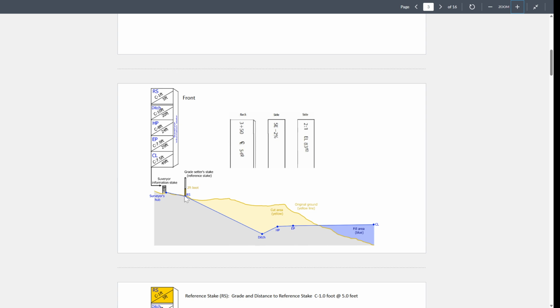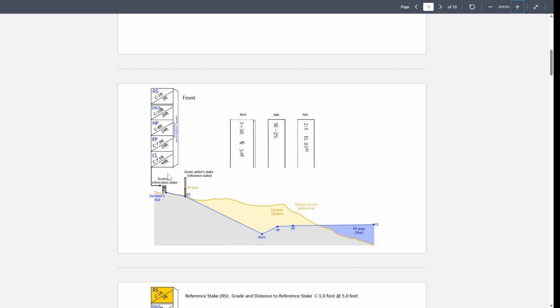If the elevation of the surveyor hub, and it will be given, is let's say 1,200 feet, then you're going to go out here and set yours 1 foot lower than 1,200 feet, which would be 1,199 feet elevation above sea level.